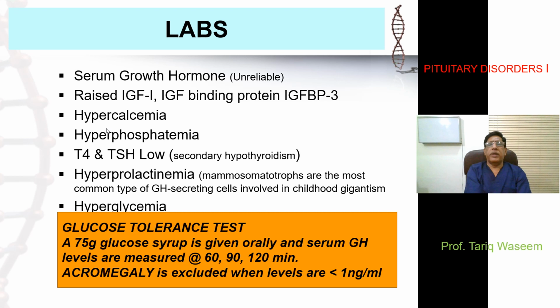So if you give someone 75 gram of glucose orally and check growth hormone levels at around 60 minutes, 90 minutes, and 120 minutes after the administration of glucose, if the growth hormone level is reduced to less than 1 nanogram per ml, acromegaly is excluded, because an overactive gland should be suppressed by suppressing agents, whereas a tumor becomes autonomous.